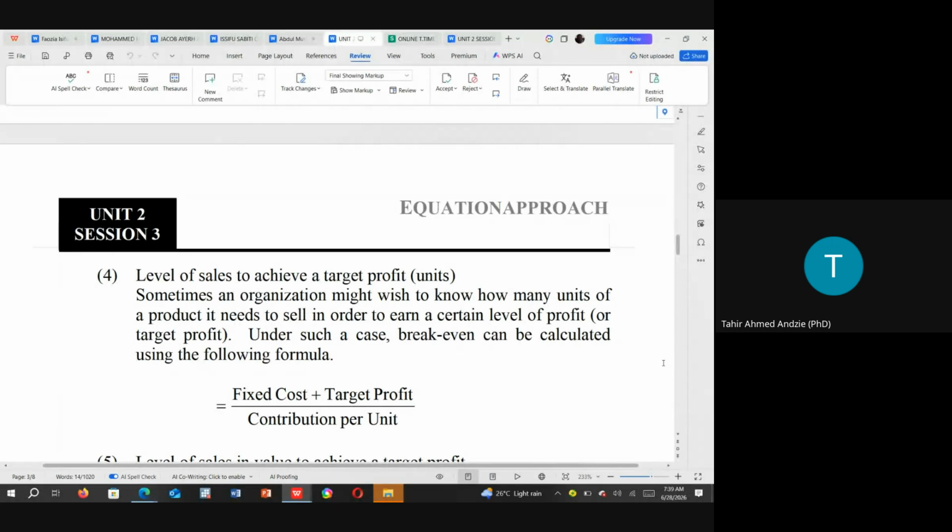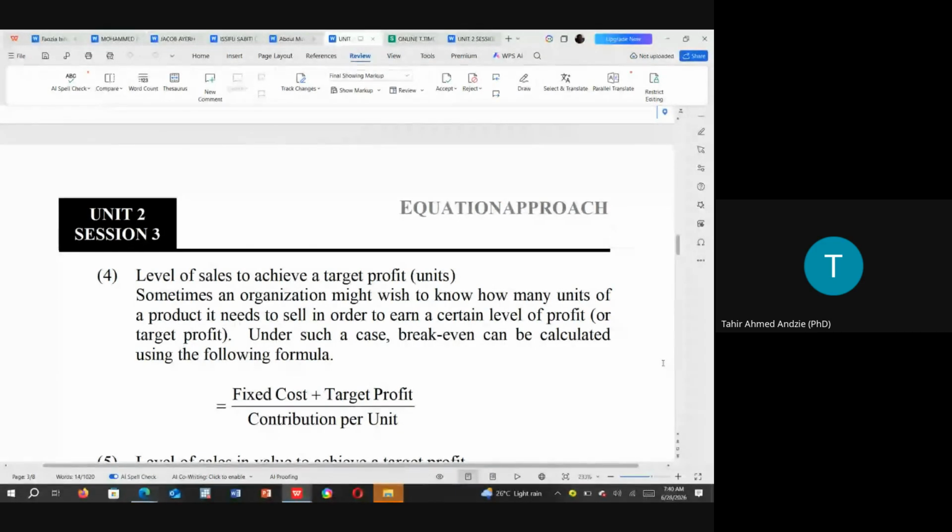But when there's profit, then the contribution should be equal to fixed cost and profit. This is from the selling price, and we get contribution per unit. The total quantity that will be sold should cover the fixed costs and the profit.